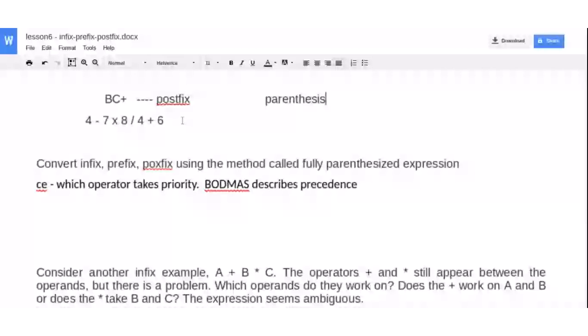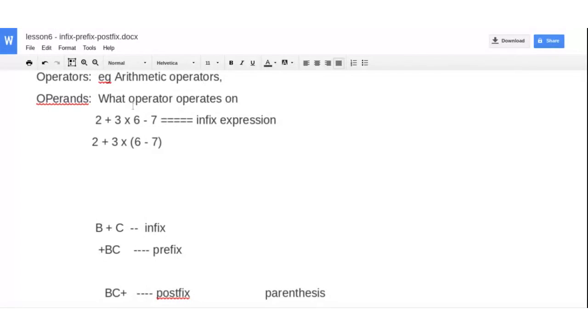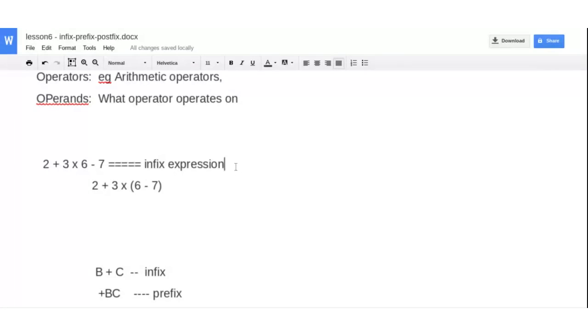Maybe before we try this one, let's first go back to the first expression that we've been working with. I think it's a little simpler, and we try to see how we can put brackets around our operators and operands here. You notice that it is not essentially a very challenging thing to do.